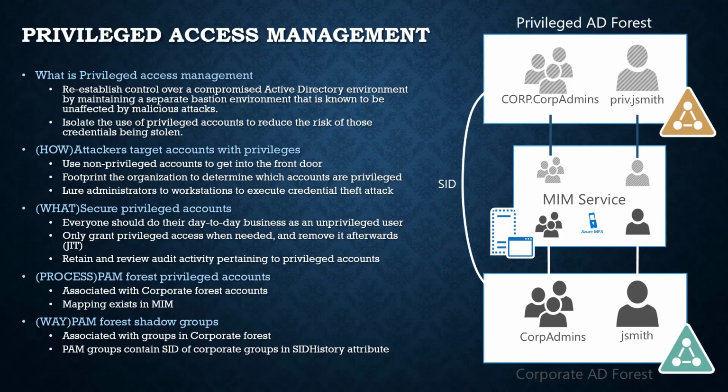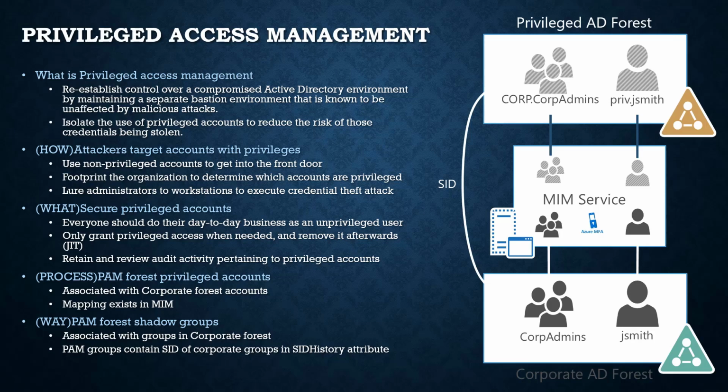So everyone should do their day-to-day business with an unprivileged user. A normal user, no privileges, and you only grant those privileges when needed and remove them afterwards, aka JIT. And retain and review audit activity pertaining to those accounts. The way we do that is what we call the PAM forest, or priv forest, for privileged accounts.